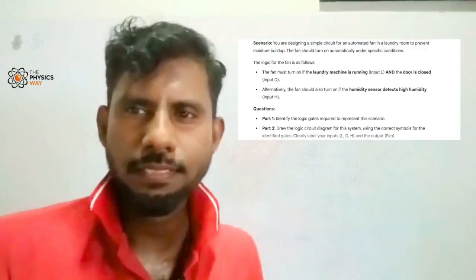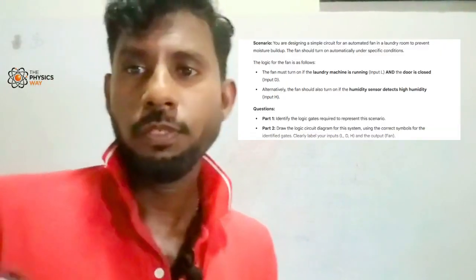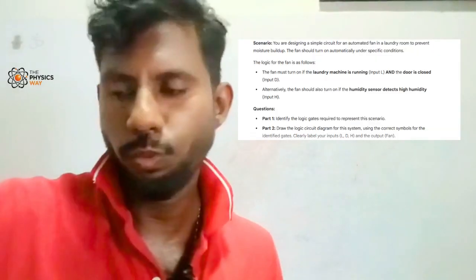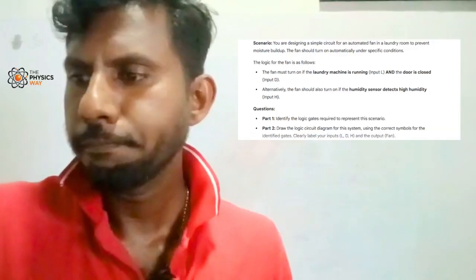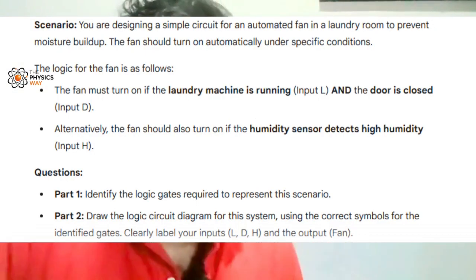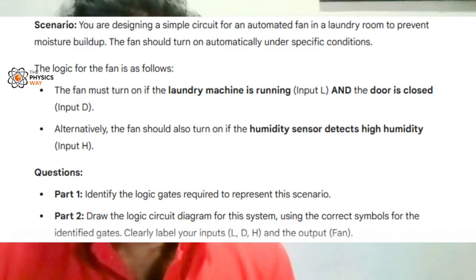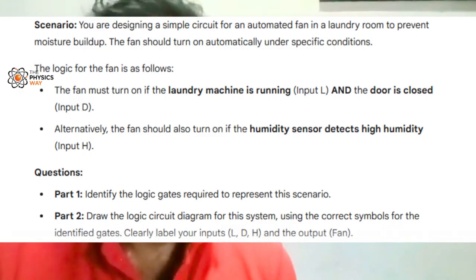Right students, we are in our second scenario now. It's actually almost the same as the first scenario, but the conditions are maybe a bit different. So let's keep reading. You are designing a simple circuit for an automated fan in a laundry room to prevent moisture buildup.